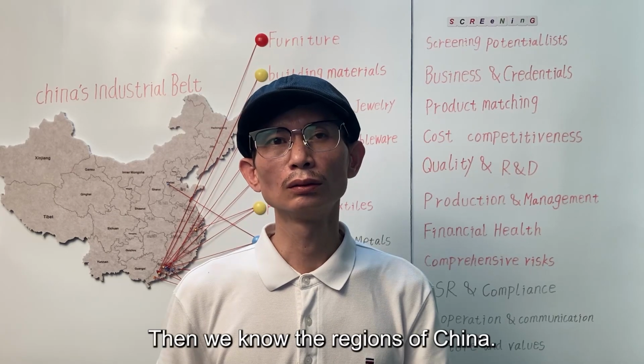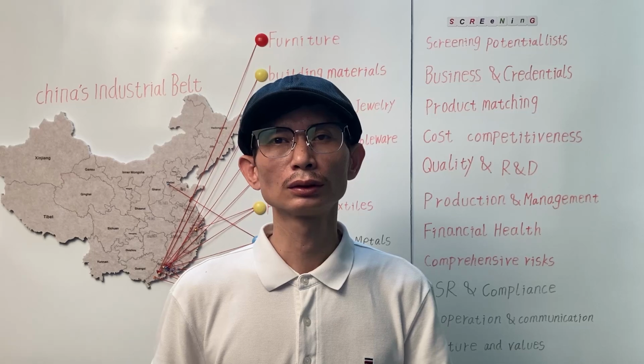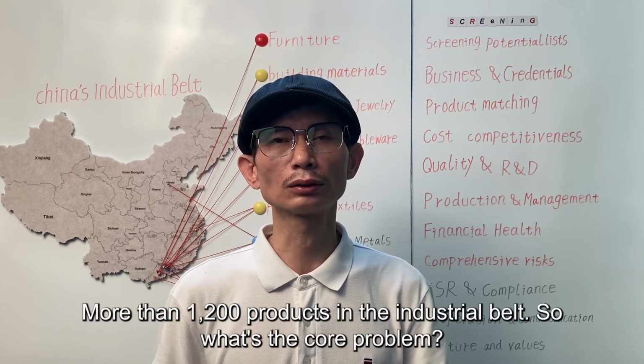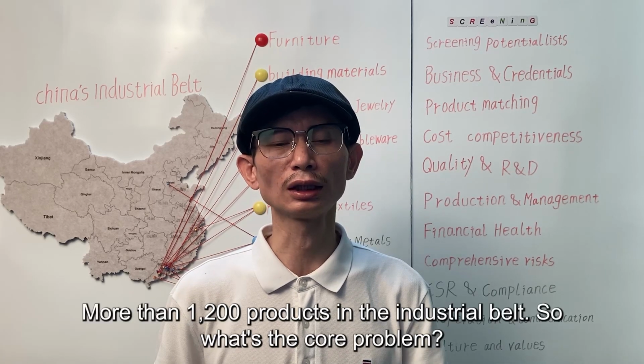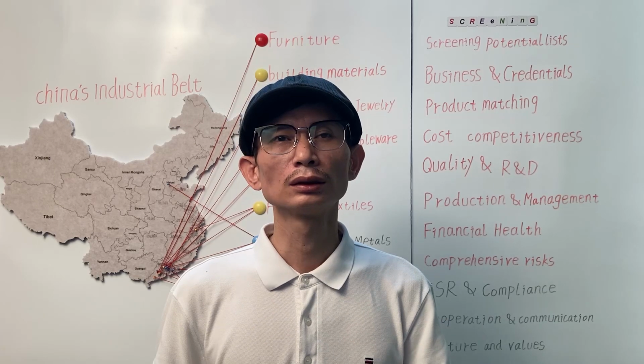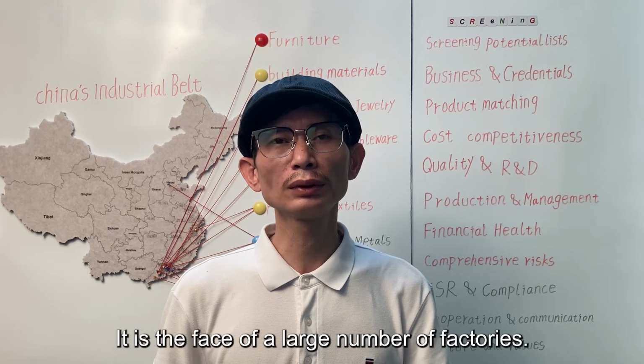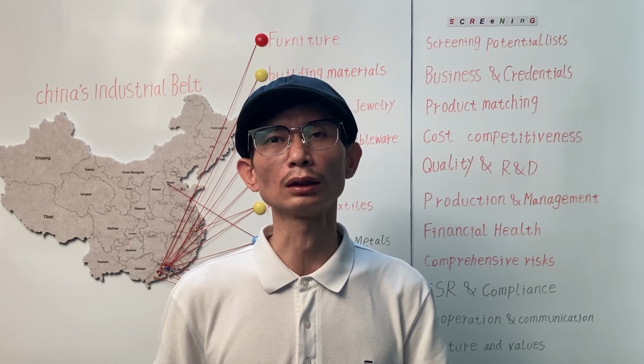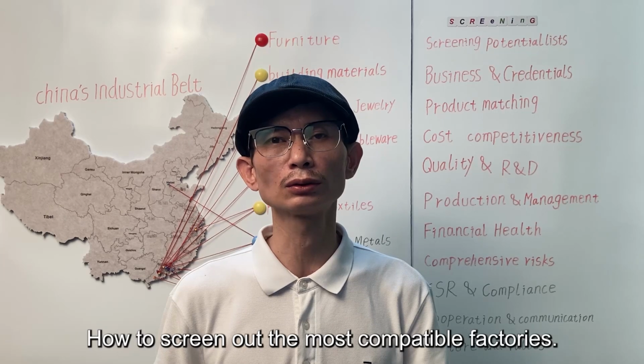Then we know the regions of China, more than 1,200 products in the industrial belt. So what's the core problem? It is facing a large number of factories, how to screen out the most compatible factories.